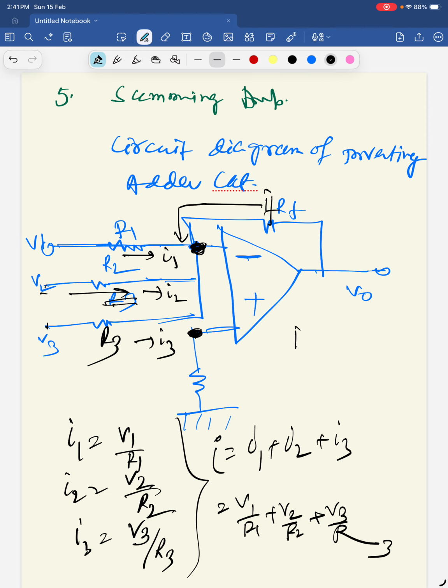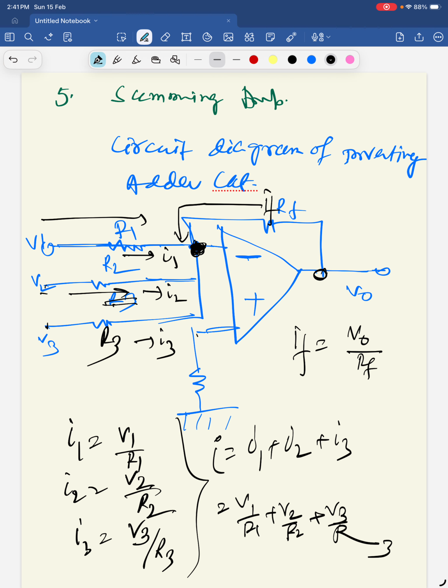So what should be IF? IF should be this voltage minus this voltage. This voltage is V0. This voltage is 0 because this point is 0. So 0 minus 0, so no need to write minus 0. And the resistance is RF. So V0 by RF.